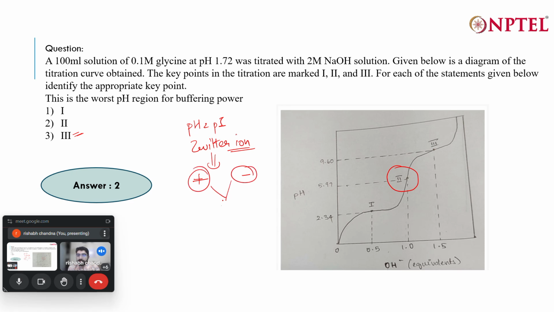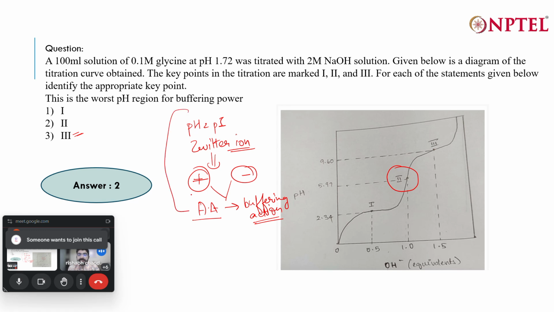So in that case, the amino acid would not be able to perform the buffering action, because a compound that is able to perform a buffering action either donates or accepts H plus. But in this case, it can only donate the H plus but not accept it. So that's why this is the worst region of the buffering action.